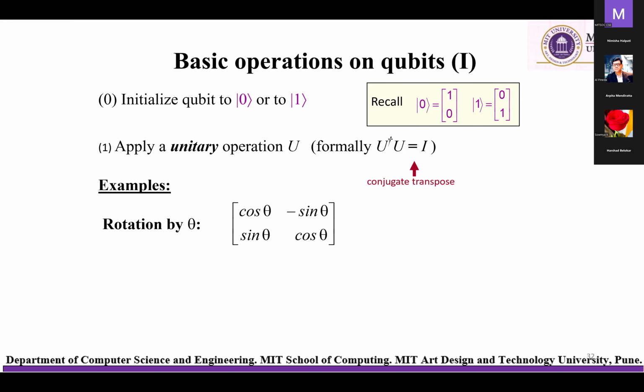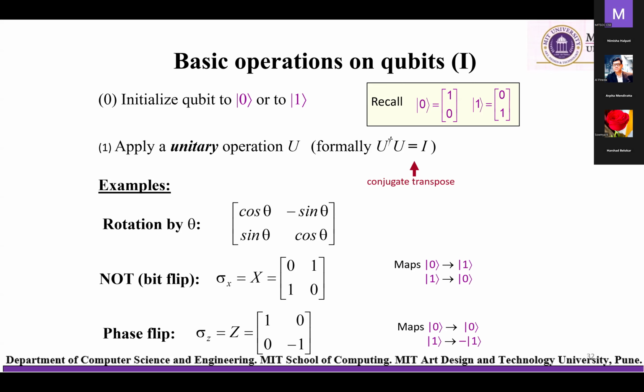Rotation: this operation rotates the qubit by an angle in the Bloch sphere. NOT gate, or bit flip: this is represented by the Pauli X matrix. Phase flip: this operation is represented by the Pauli Z matrix.